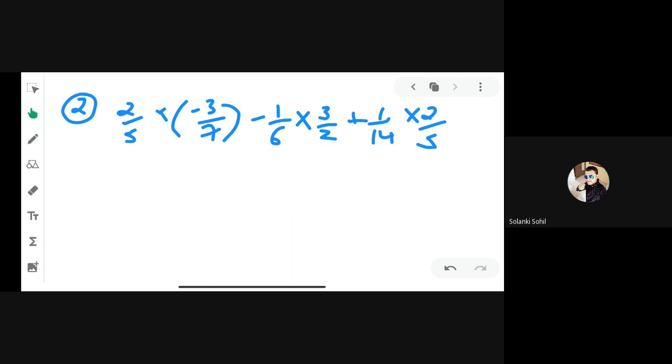Again you can see there are three terms in this expression. First term, second term, third term.